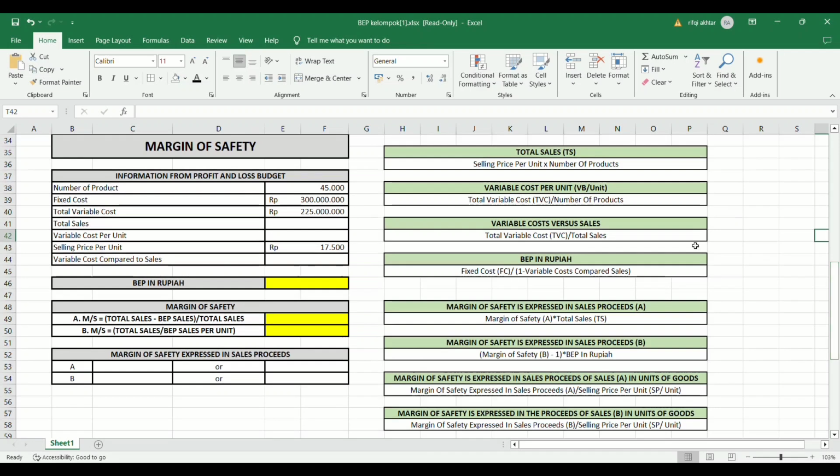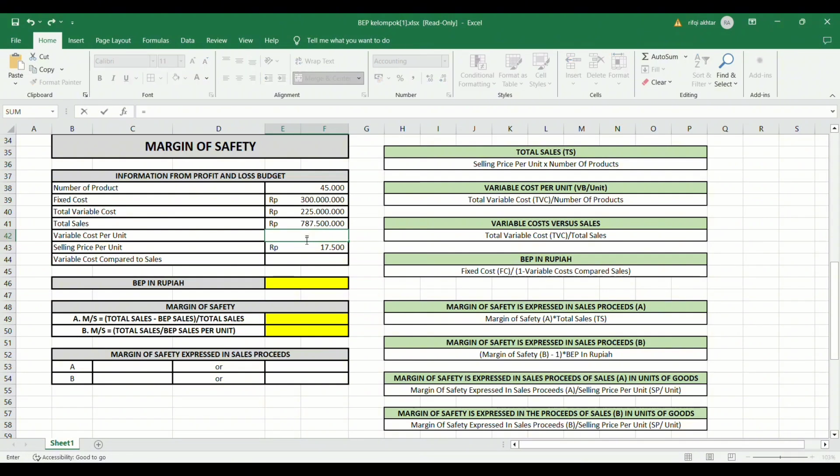Now let's move to the table margin of safety. First, we have to calculate total sales. The formula is equal selling price per unit multiplied by number of product and then enter. And next, variable cost per unit.